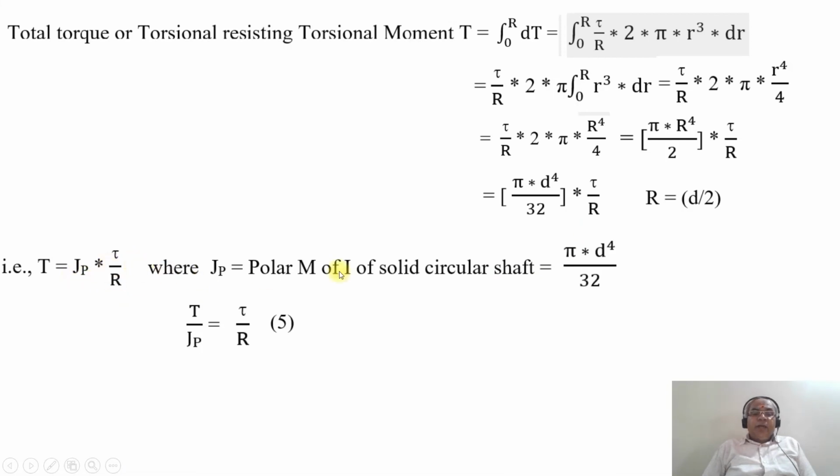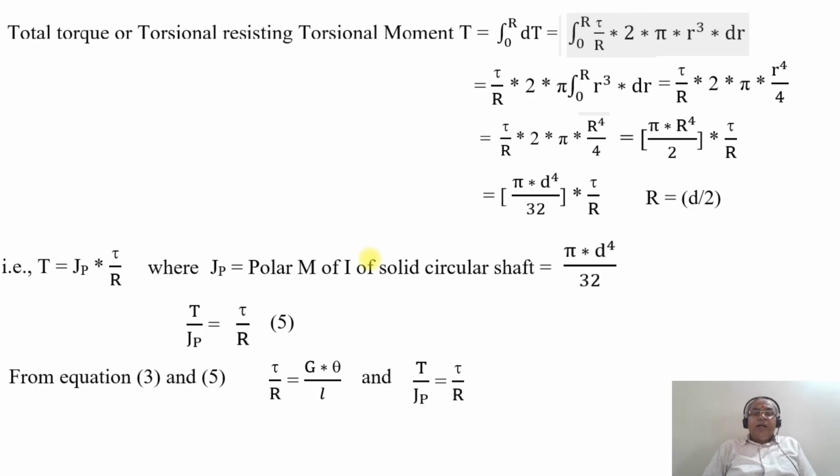From equations 3 and 5, you are going to get tau by R is equal to G into theta by L, and T by Jp will be equal to tau by R. Since both are equal to tau by R, tau by R is equal to G into theta by L, which will be equal to T by Jp. Call this equation 6.